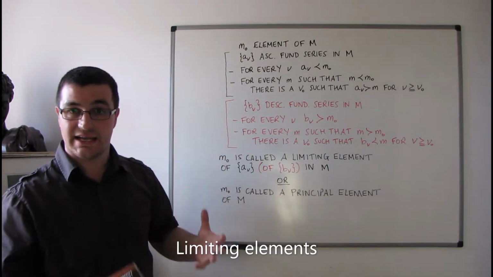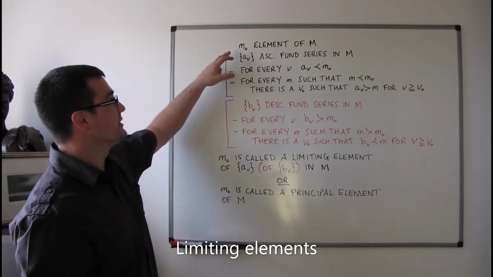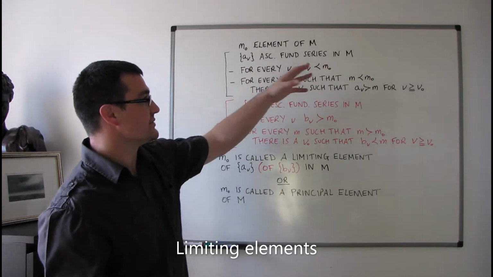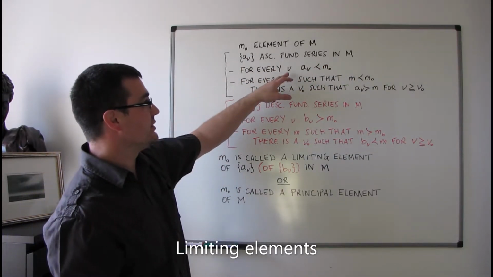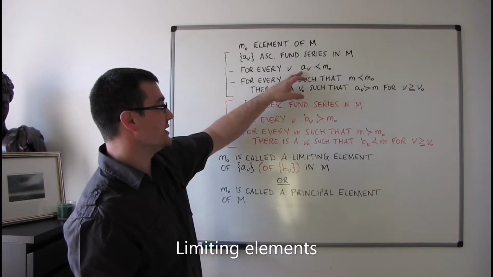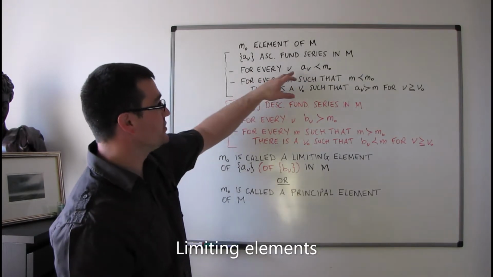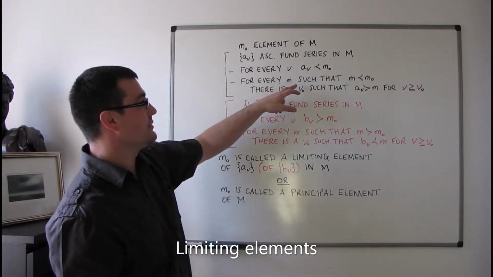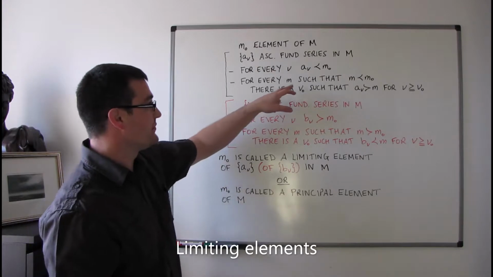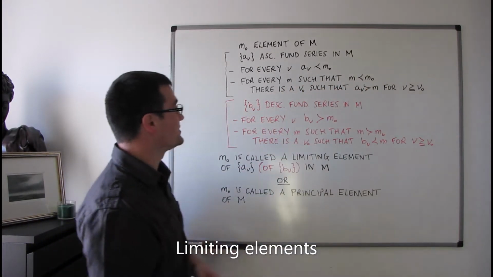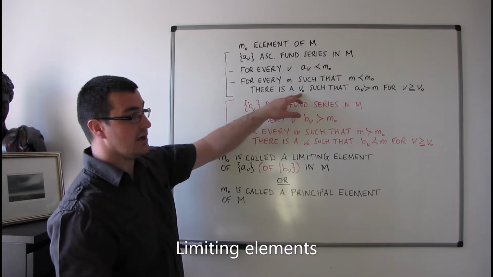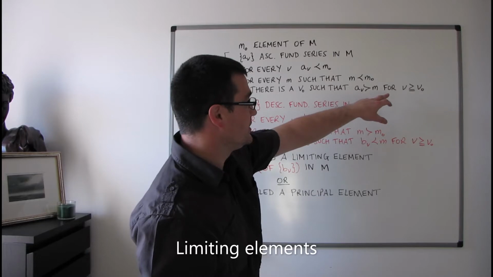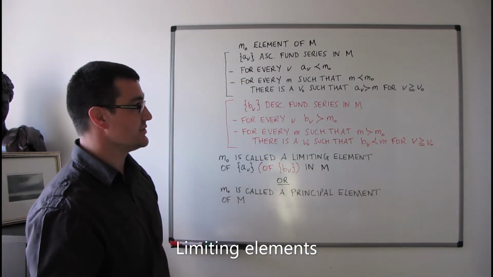So if we can find in our aggregate M an element M naught, such that for some ascending fundamental series in M, for every nu we have a nu precedes M naught, and for every M in our aggregate M, such that M precedes M naught, there is an index nu naught, such that a nu follows M for nu greater than or equal to nu naught.